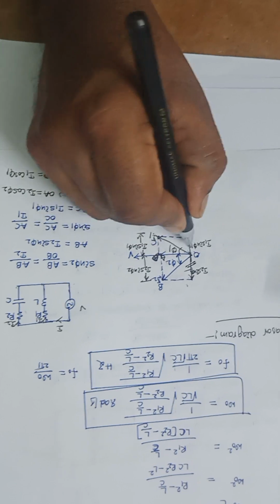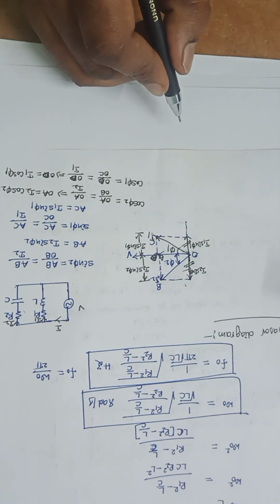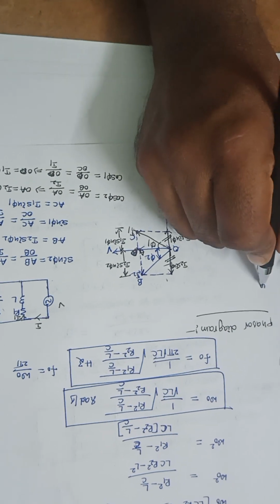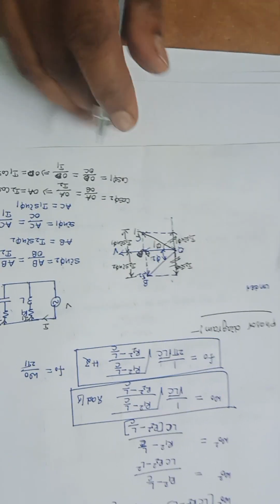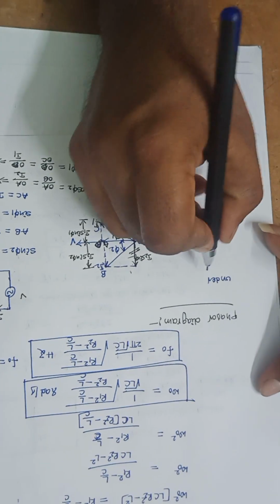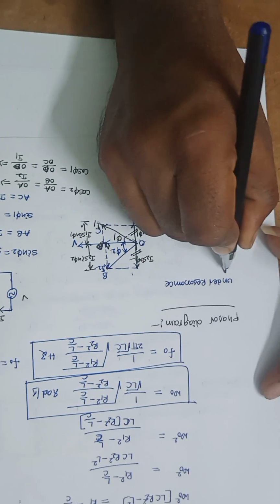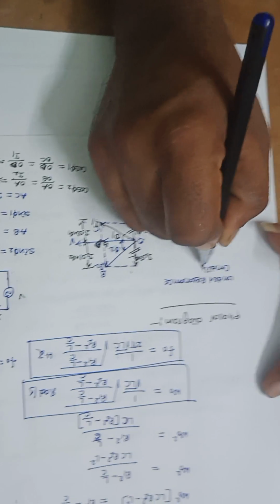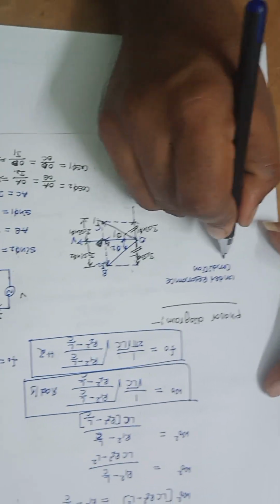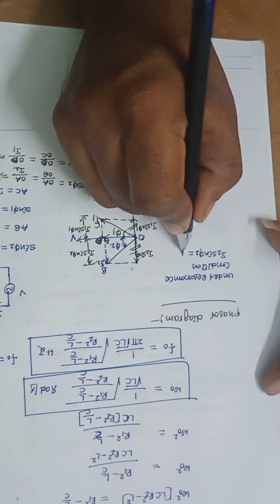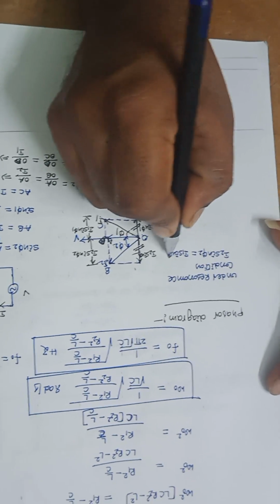These two reactive components are equal under the resonance condition. So under the resonance condition, I2 sin phi 2 is equal to I1 sin phi 1.